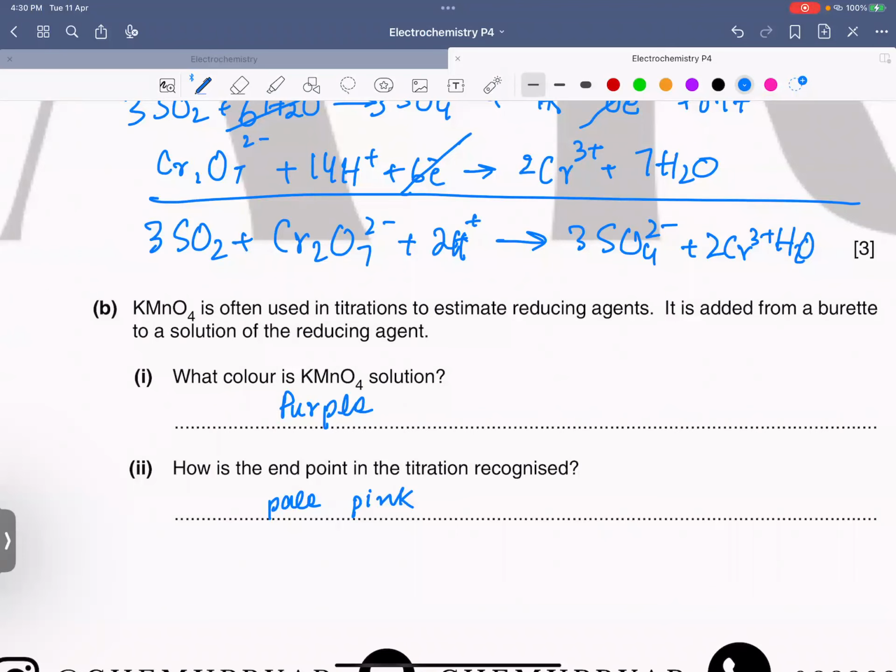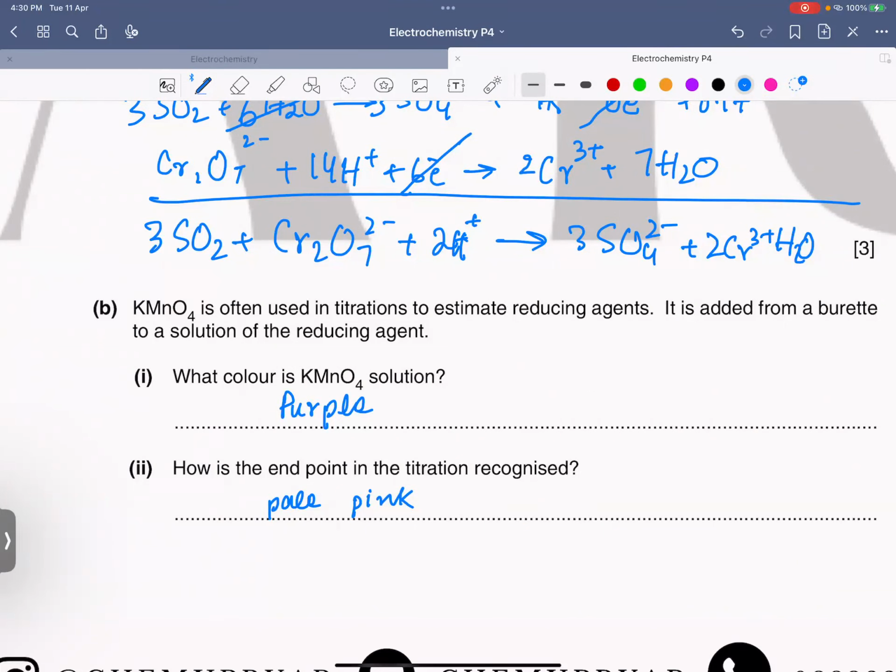Okay. The difference is this, here that you need to understand. When we use acidified potassium permanganate as a reagent and we are just mixing in another container, then it just goes and it decolorizes. That is for the identification of something.